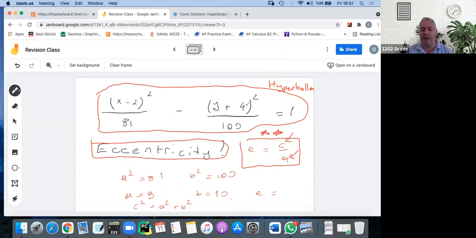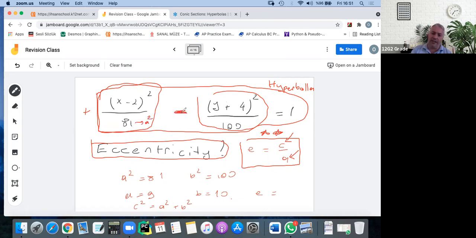Now, if this is a hyperbola, I need A and B in order to find C. There is a rule. When you have the positive term, what does positive term mean? This is negative, so here, this is positive. Before this term, there is plus, right? Positive. So for the hyperbola, where you have the positive term, the denominator is called A squared.